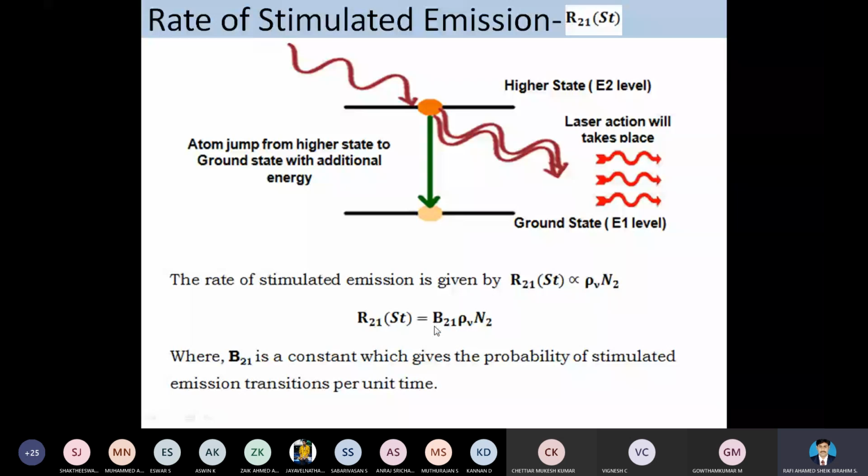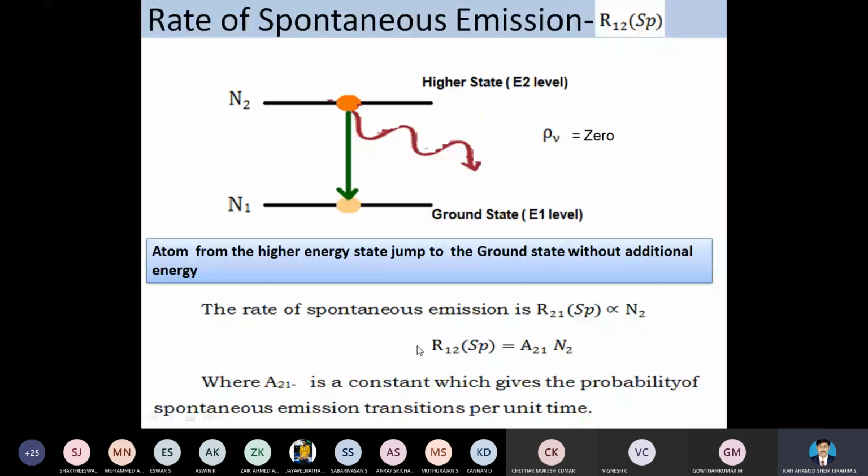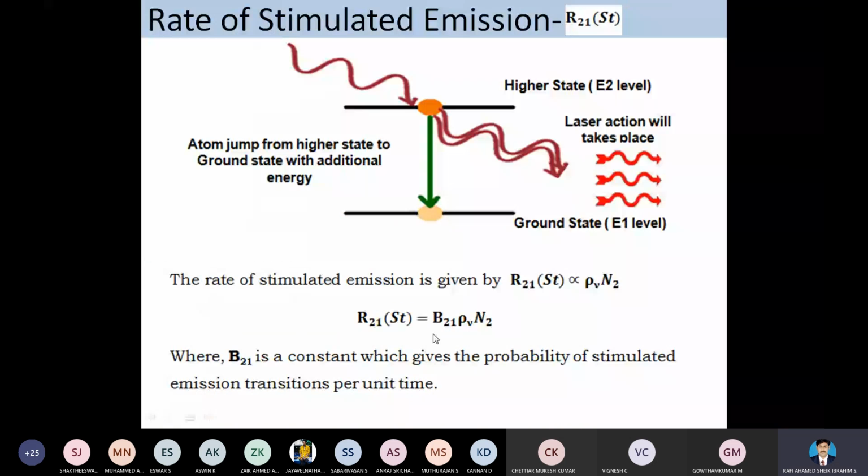So we have to be more clear in this process, where we have to put B12, where we have to assign B21, and where we have to assign A21. We have to be clear with the constants, because students will make a blunder here. They will never know what to write as a constant.